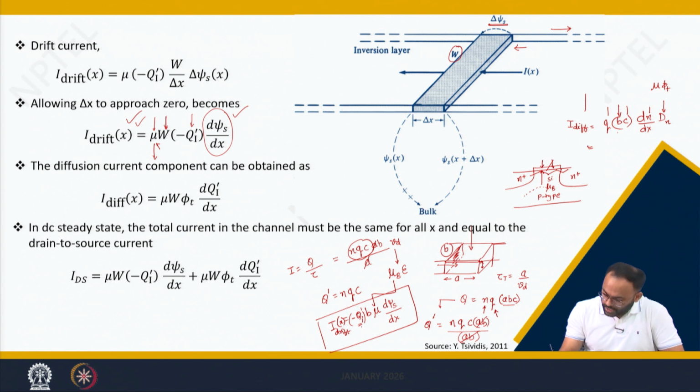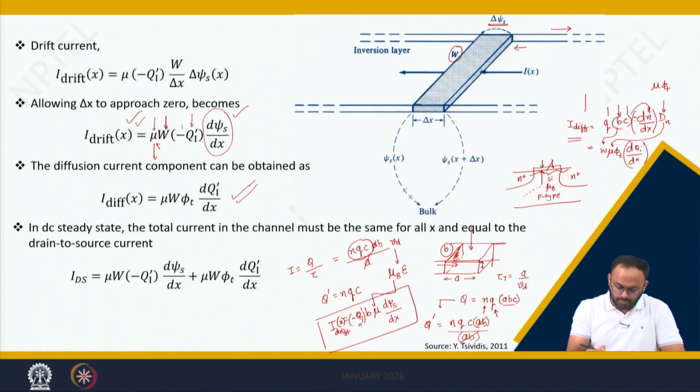So we can simply write the diffusion current as B can be replaced by W, this D can be replaced as mu into phi t, and this can be written as dQi dash by dx. Remember, we do have a negative gradient of electron which gives rise to a diffusion current, and because of this negative, the negative of inversion charge gets cancelled and we are getting this equation.